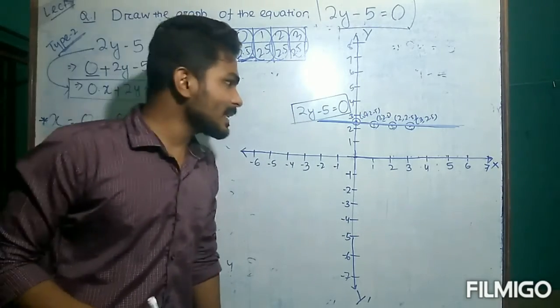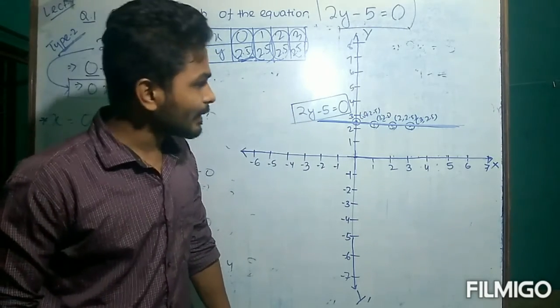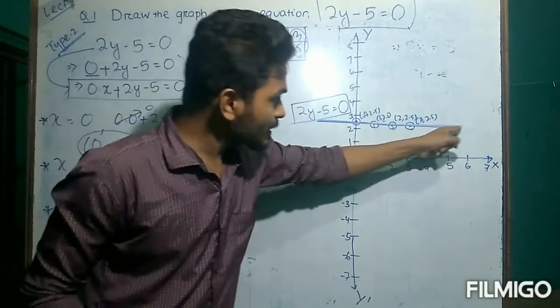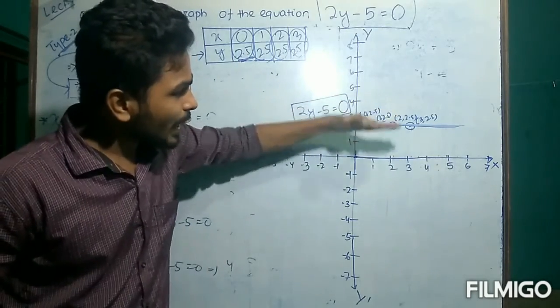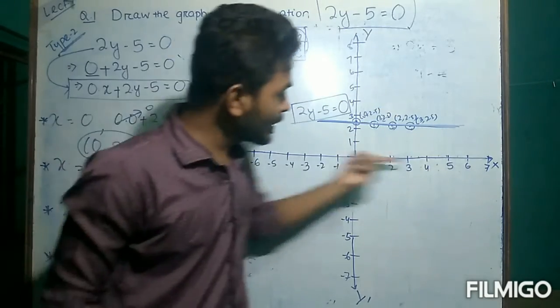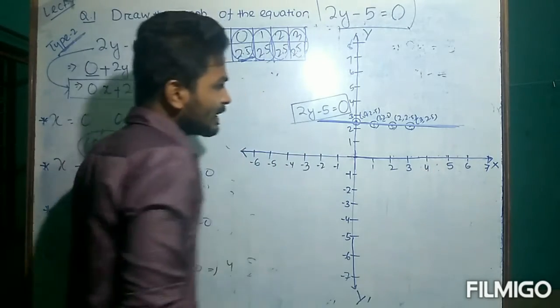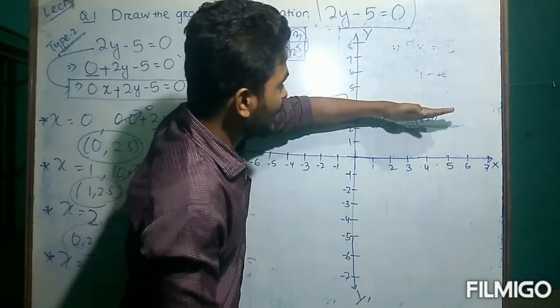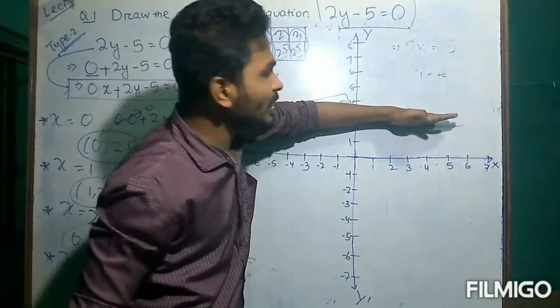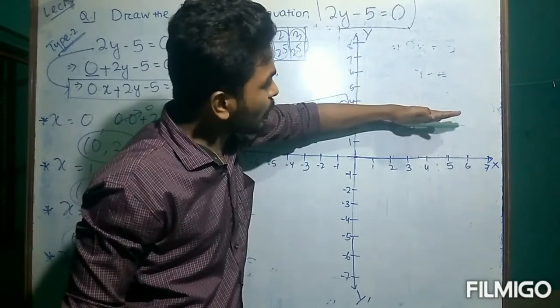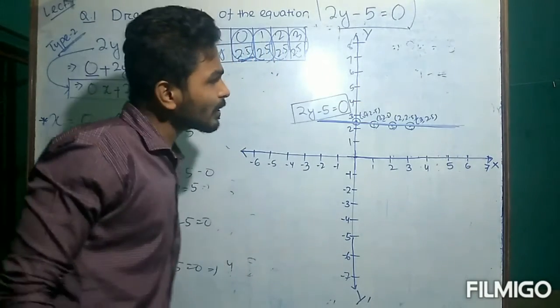Next, you can conclude one thing here: this straight line seems to be parallel to this horizontal axis, isn't it? Yes or no? Yes. So what can you conclude here?